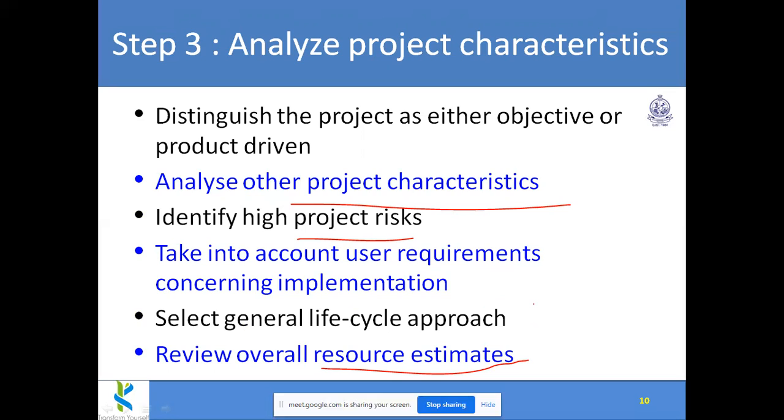For each activity, at least 2 people are required, so do we have that many people available, without any other project tasks? Likewise, those estimates, do we have that many computers? All those estimates, okay, everything the project manager has to review.